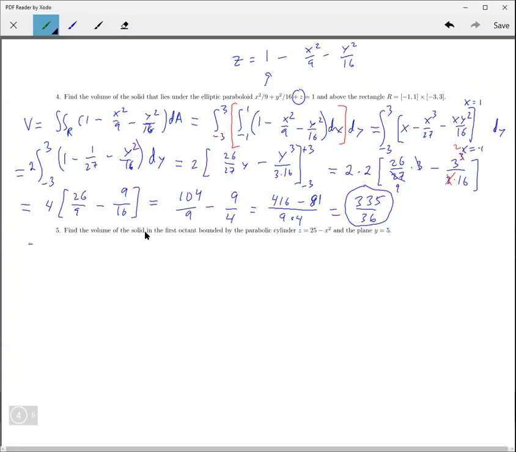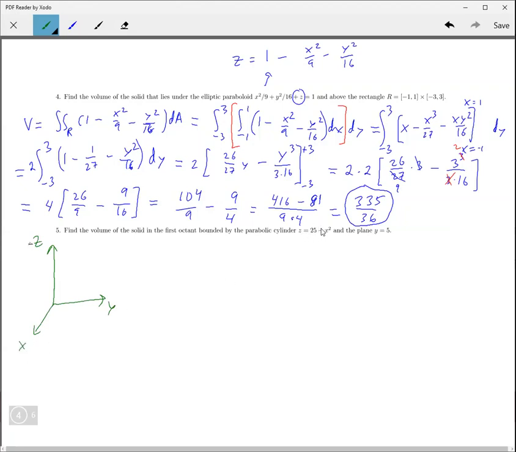Okay, so find the volume of the solid in the first octant bounded by the parabolic cylinder z equals 25 minus x squared, and the plane y equals 5. It helps to think about what you have here. So there's the z-axis, and here's the x-axis.